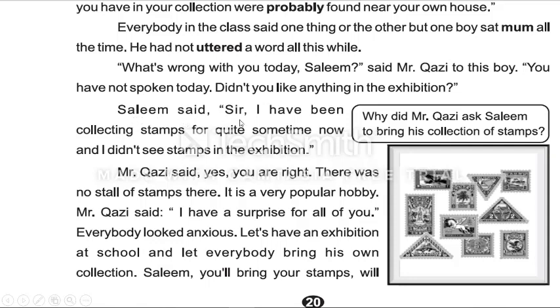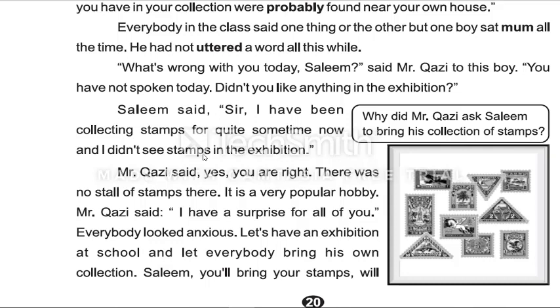Salim said, "Sir, I have been collecting stamps for quite some time now, and I didn't see stamps in the exhibition." Yeah, this was the reason he was silent. Okay, he was right in keeping himself silent, because in the exhibition there was nothing of his interest, right?